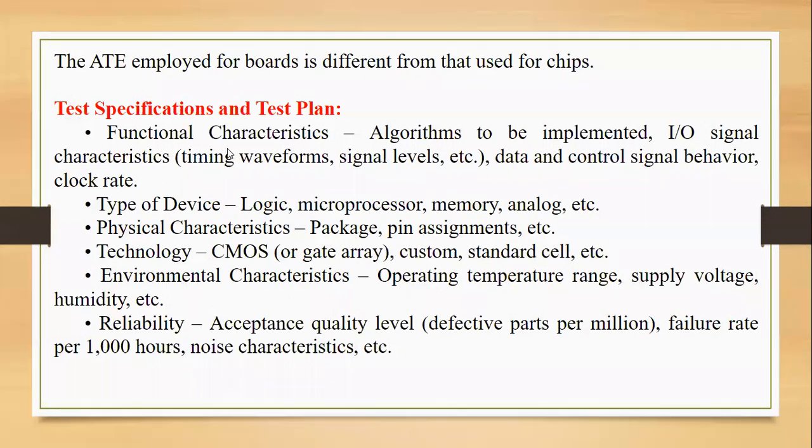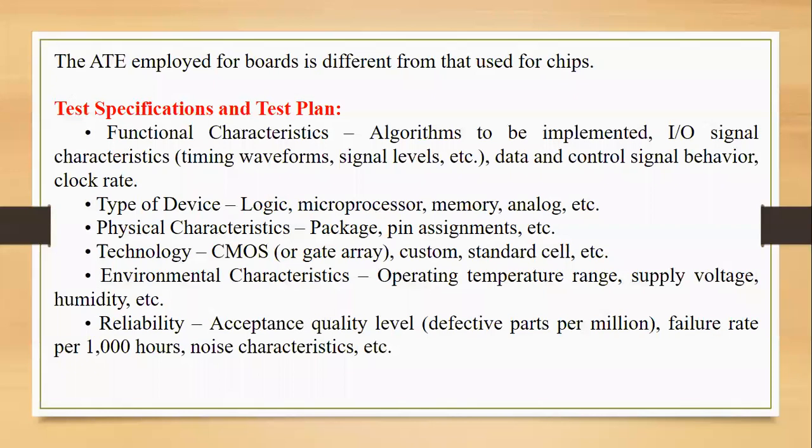So the basic characteristics of functional testing are: we have to implement an algorithm, we have to check the input output signal characteristics, that is, the time, waveform, signal level, and we have to check the data and control signals, in the sense of what type of data you are going to send, and what its signal behavior and clock rate are.